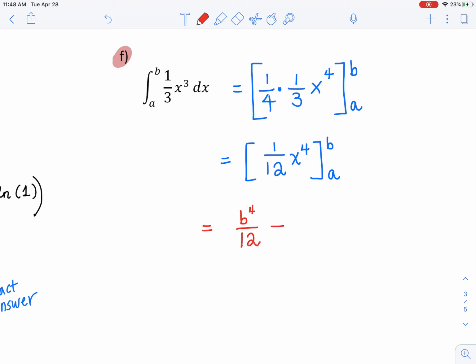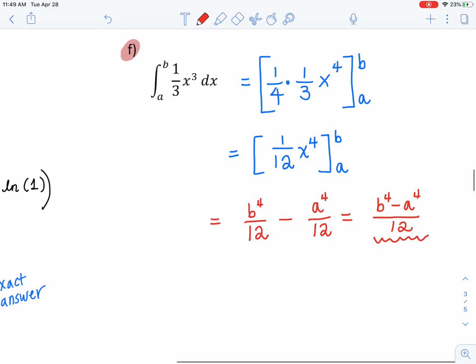I'll get b to the 4th power over 12, minus, plug in a into x this time, a to the 4th power over 12. So notice they've got the same denominator, so maybe I can just write this as b to the 4th minus a to the 4th divided by 12. Now that's all we can do because we don't know what a or b is. So this is where I will stop.